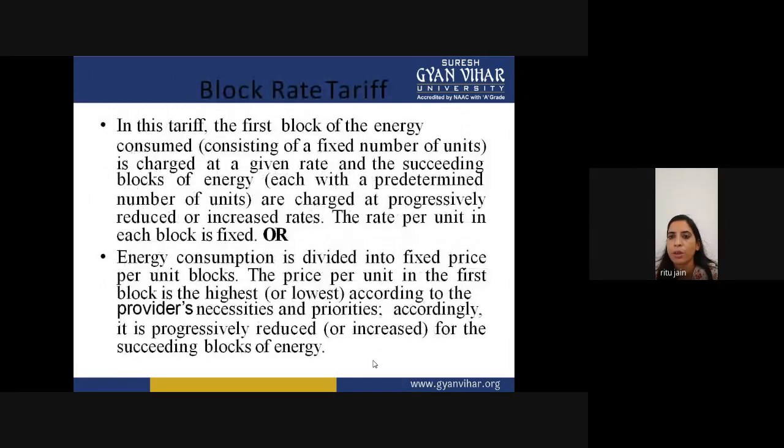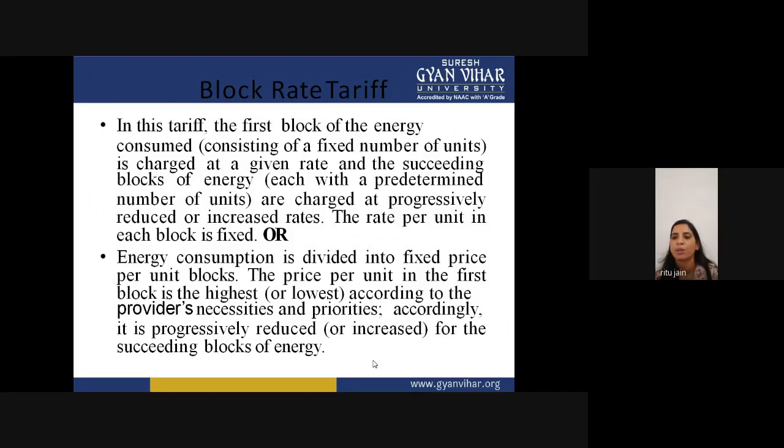So what is block rate tariff? In this tariff, the first block of the energy consumed is charged at a given rate, and the succeeding blocks of energy are charged at progressively reduced or increased rates.